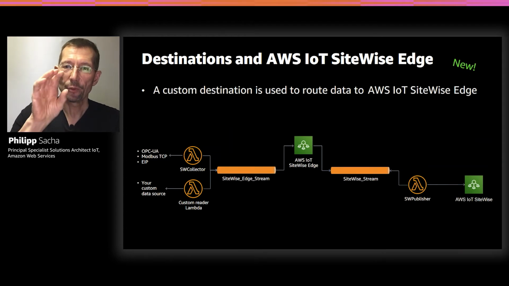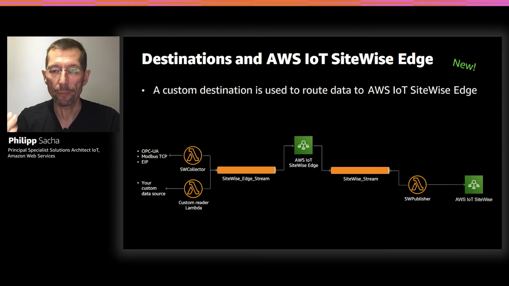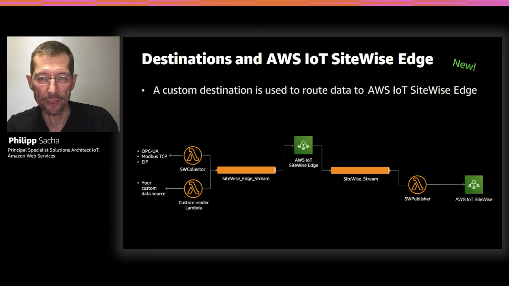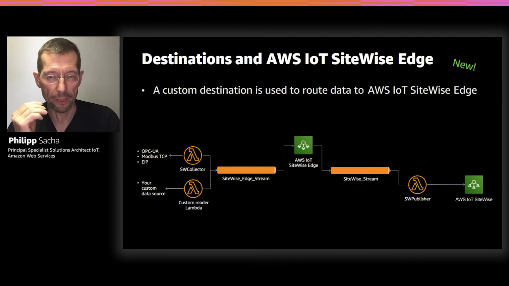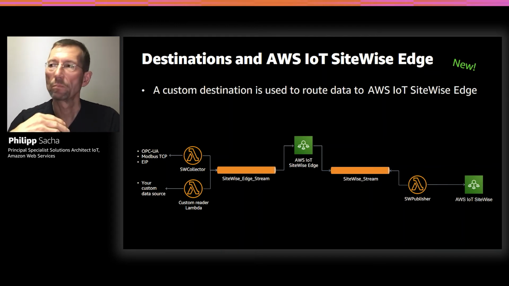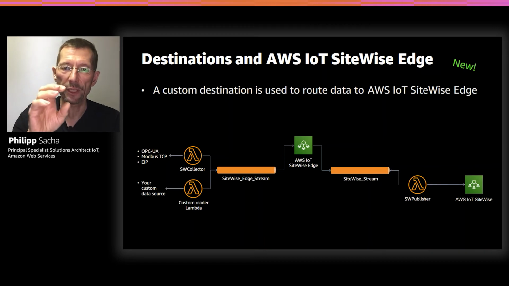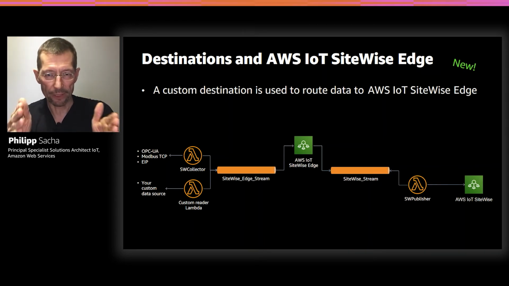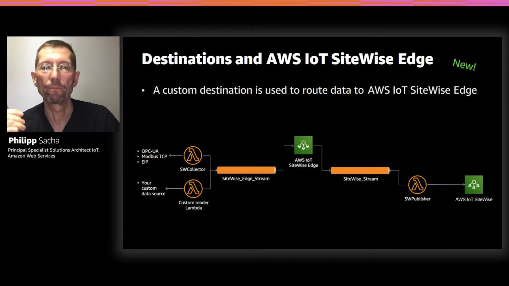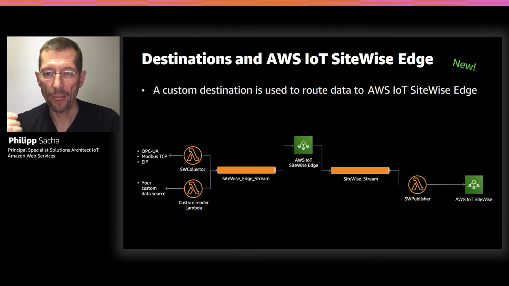And then you have the component, our new capability, AWS IoT SiteWise Edge, that reads out of the SiteWise Edge stream, processes data at the edge, and writes results into the SiteWise stream. And at the SiteWise stream, you still have the publisher Lambda function that reads the data from the stream and sends the data to AWS IoT SiteWise in the cloud.